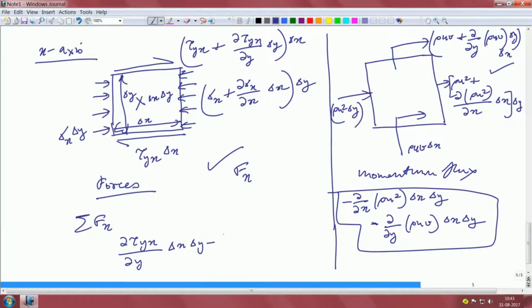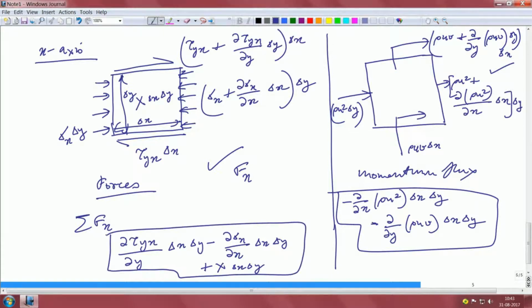So sigma x by delta x into delta y, plus tau yx into delta x into delta y. These are the Fx terms that you are going to get, and then you have the momentum flux terms on the two sides.